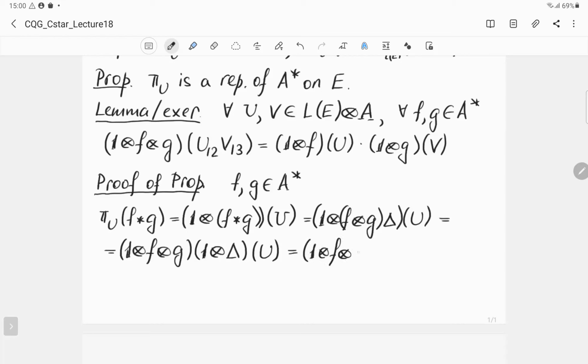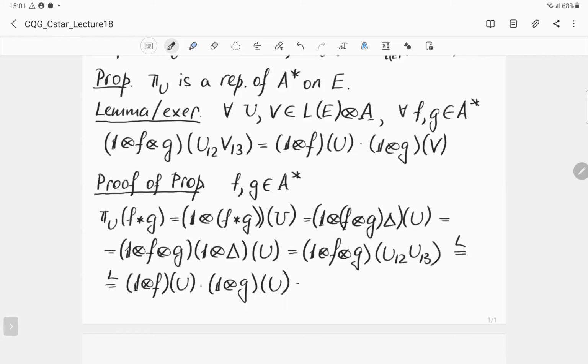One tensor delta applied to U is the product U12, U13. And now we apply our lemma, and we see that this is nothing but one tensor f of U multiplied by one tensor g of U, which is exactly pi U of f pi U of g.